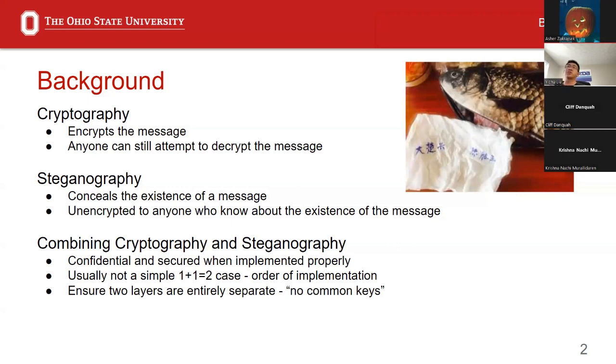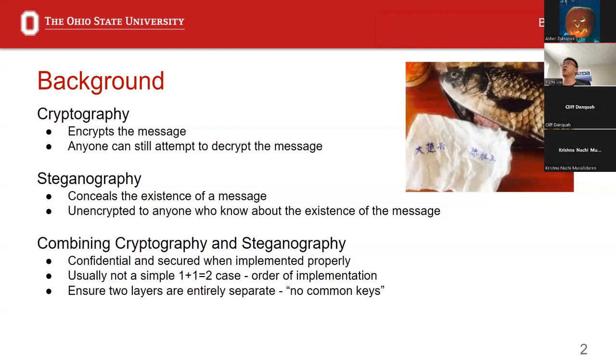Basically, it conceals the existence of a message, and the message is unencrypted to anyone who knows about its existence. On the right side, we have a picture that is hiding a message inside a fish. In this case, anybody who doesn't know there's a message inside the fish won't know about the message.